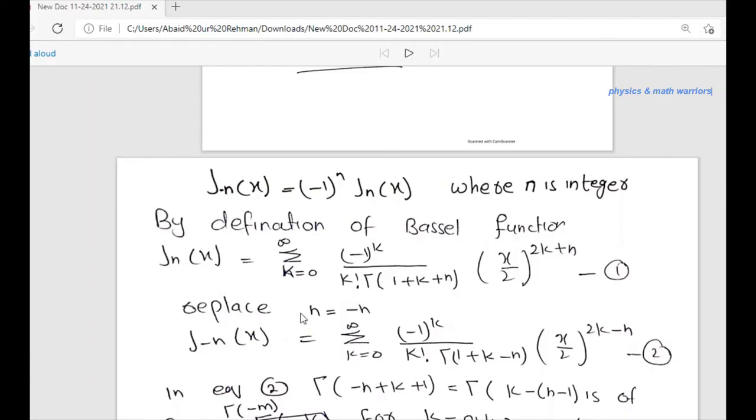We replace n with minus n, so equation 1 becomes J minus n of x is equal to the summation k equal to 0 to infinity of minus 1 raised to power k over k factorial gamma of 1 plus k minus n, times x by 2 raised to power 2k minus n.